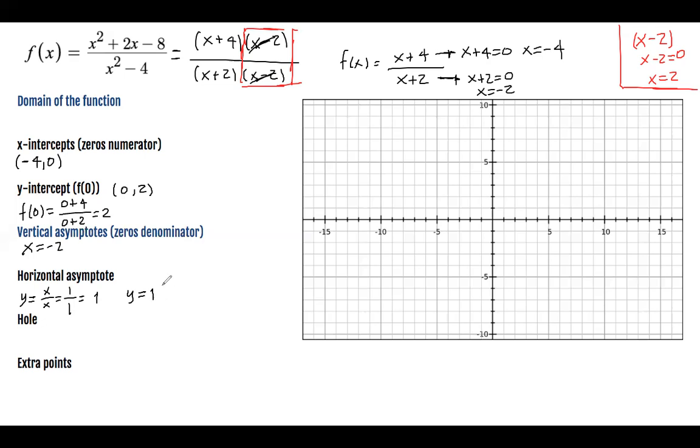Now, the domain always comes from the denominator. Even if you are canceling a part of it, that value will turn into a hole eventually. So we're going to wait and write the denominator once we have our graph. So let's start by sketching our asymptotes. This asymptote, x is equal to minus 2, will be here.